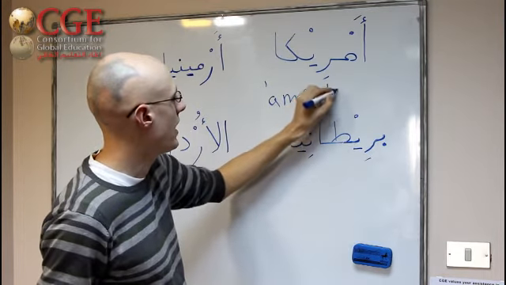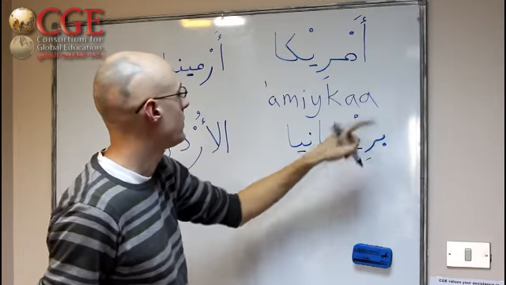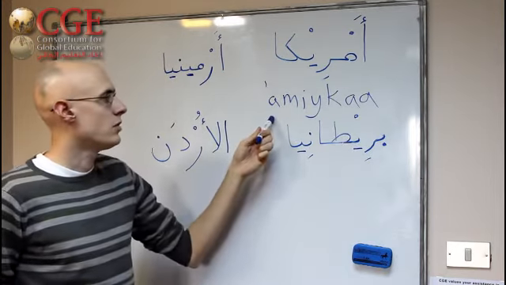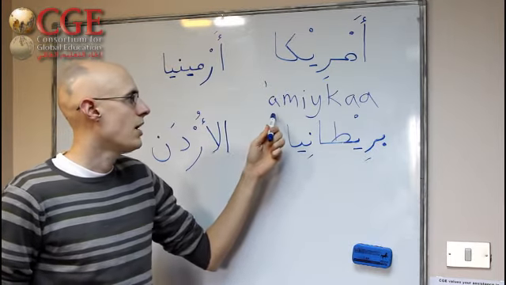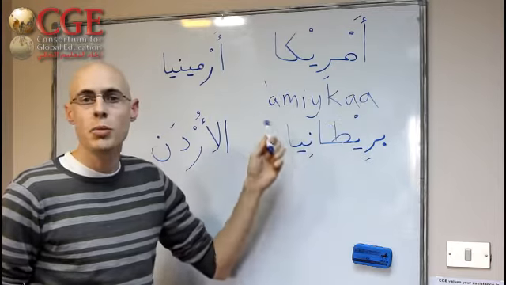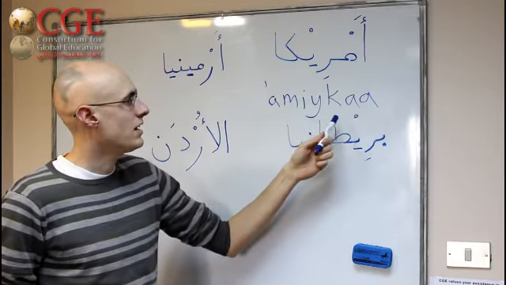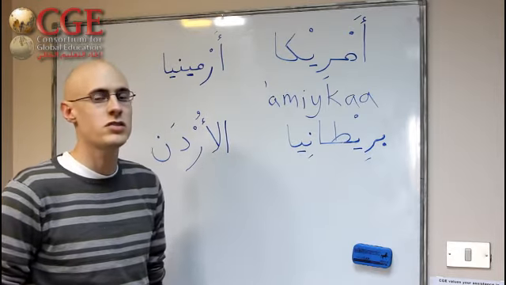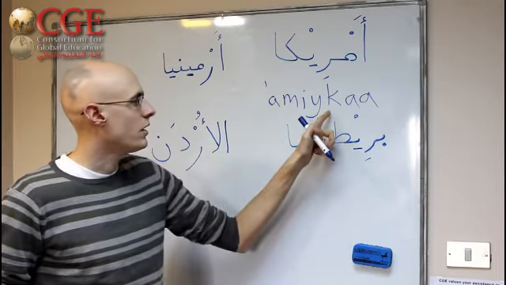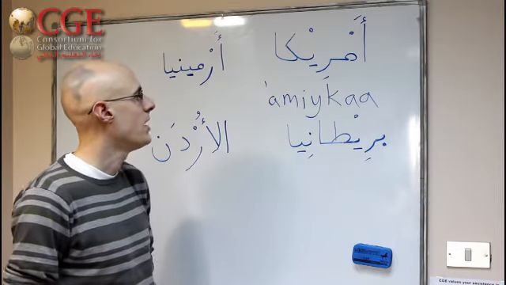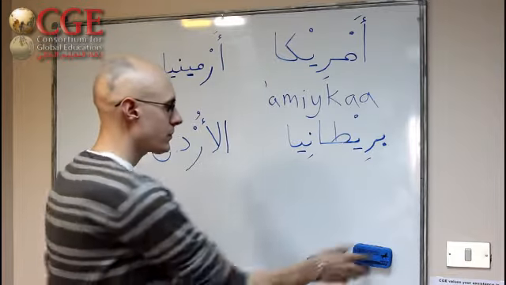Then we have a K and a long A. So this is the word for America, which is pronounced in Arabic Amrika. Even though this is a long A, it's actually not pronounced like a long A. It's just one of the ways Arabic can write a word ending with an A class vowel. Amrika. Now let's take a look at this word.